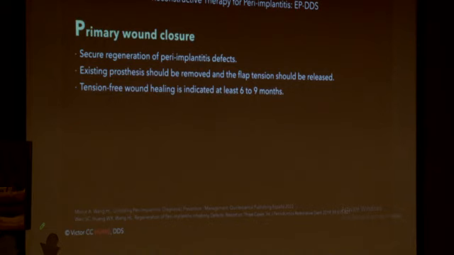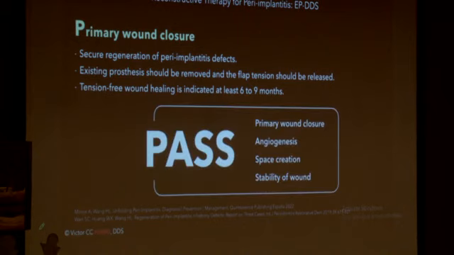So, continuing to primary wound closure. When you have this kind of problem, you know the reason why it is causing the peri-implantitis. Then you have to know how you could close this wound for primary healing from the body. From the article as well, they talk about the previous concept. They talk about PASS: primary wound closure, angiogenesis, space variation, and also stability of the wound.